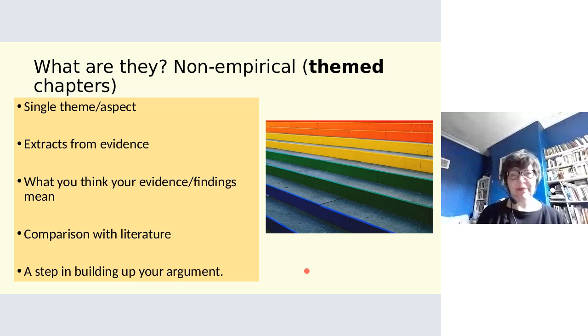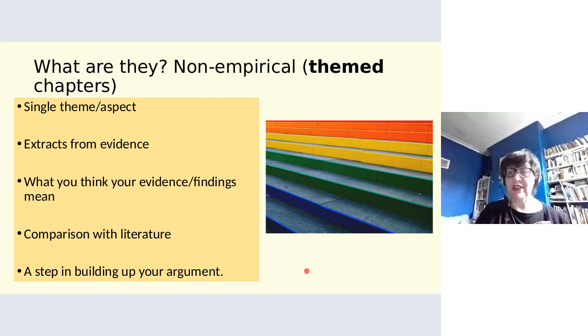Doing this style, you still might have used something like a questionnaire or a focus group. And again, you would bring in quotations from that. But you keep comparing with the literature, and you might have to discuss the literature in more depth in this type of dissertation in these chapters because you haven't got such a big literature review at the start.